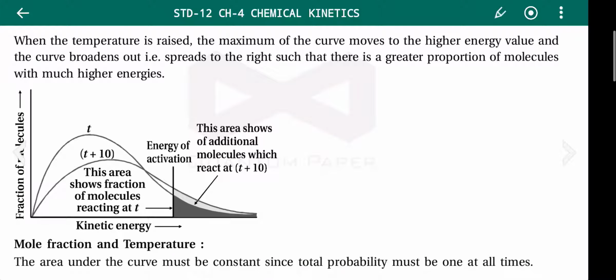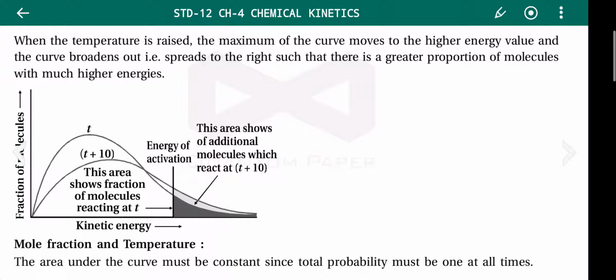And this second graph you also have to consider, when the temperature is raised, the maximum of the curves moves to the higher energy value and the curves broaden out.